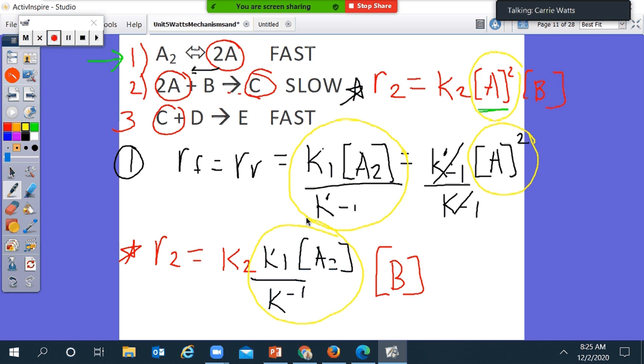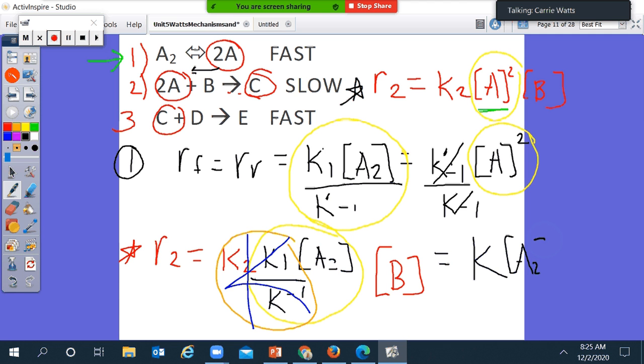Now remember we could take all these K's here, make them big K, and then our rate's going to be equal to, we'll write our final thing, big K, A2 times B.